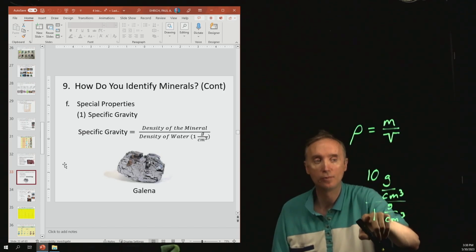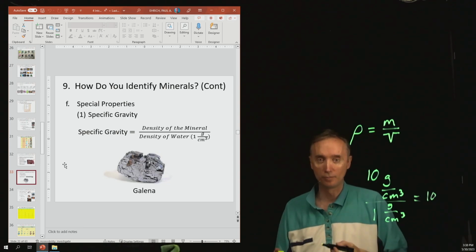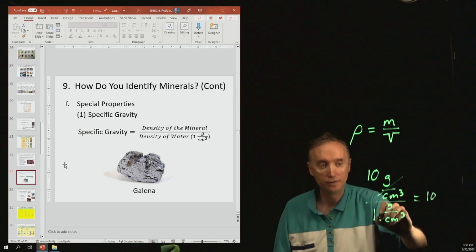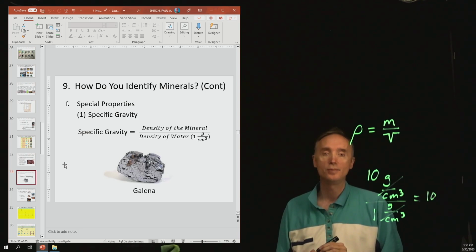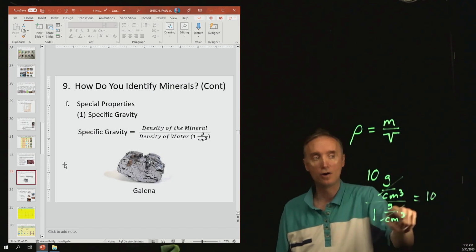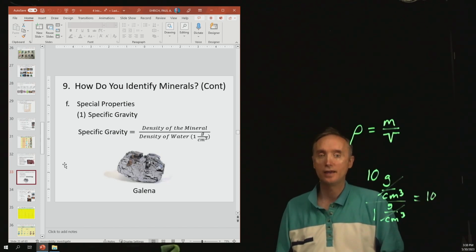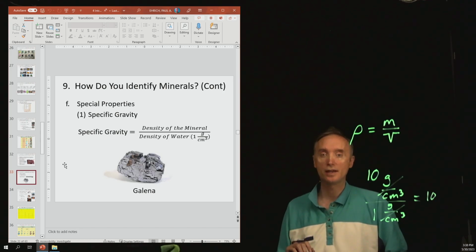Well, 10 divided by 1 is still 10. So it's still the same number, but it got rid of the units. So this is much easier, because instead of having to tack the unit on the end of it, all you got to do is say the number. And so if something has a specific gravity of 5, then that means it has a density of 5 times the density of water. Okay?